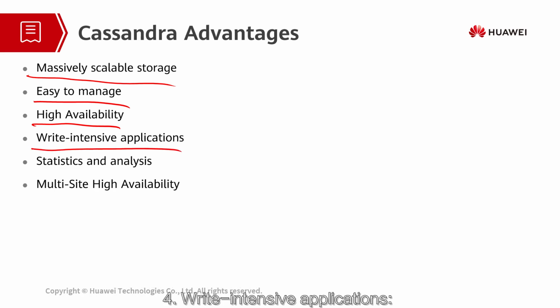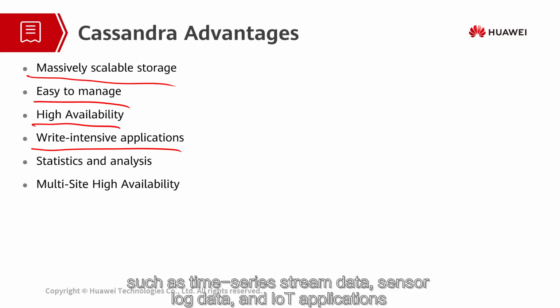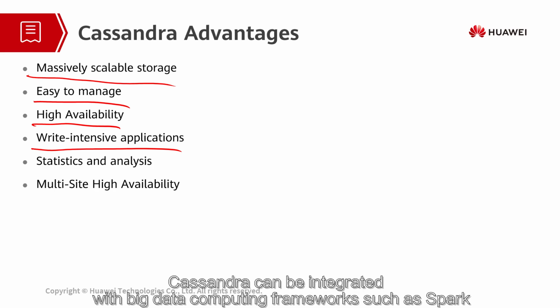Fourthly, write-intensive applications. Cassandra is especially suitable for time series data in write-intensive applications, such as time series stream data, sensor log data, and IoT applications. Fifthly, statistics and analysis. Cassandra can be integrated with big data computing frameworks such as Spark.